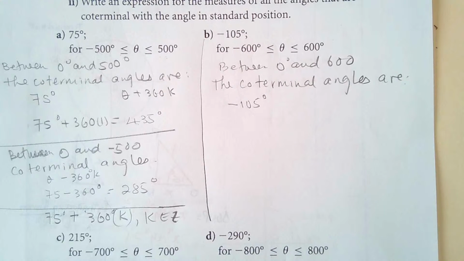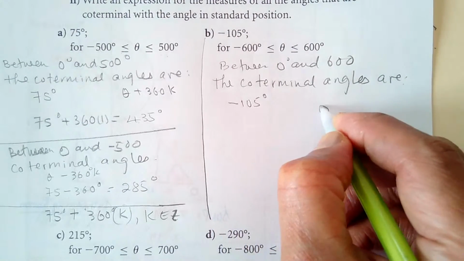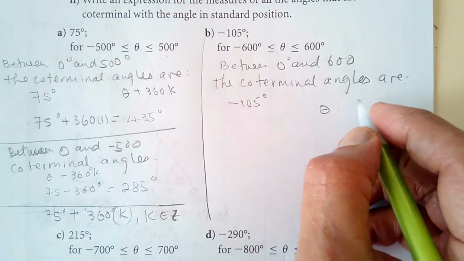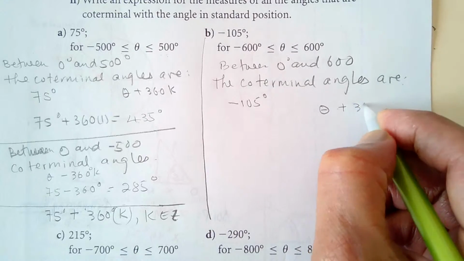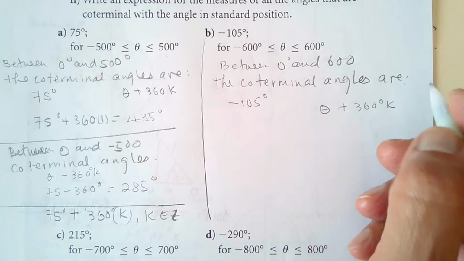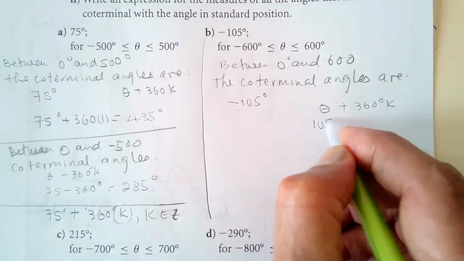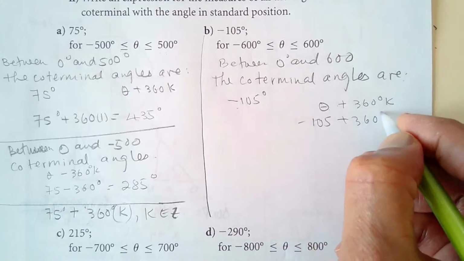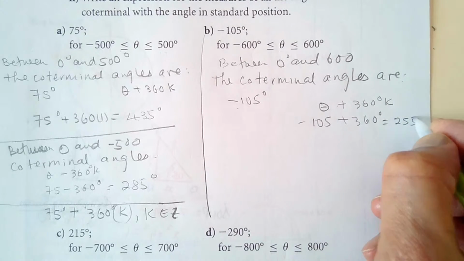So we are using theta plus 360 degrees k. The first one is negative 105 plus 360 degrees, that's 255 degrees.